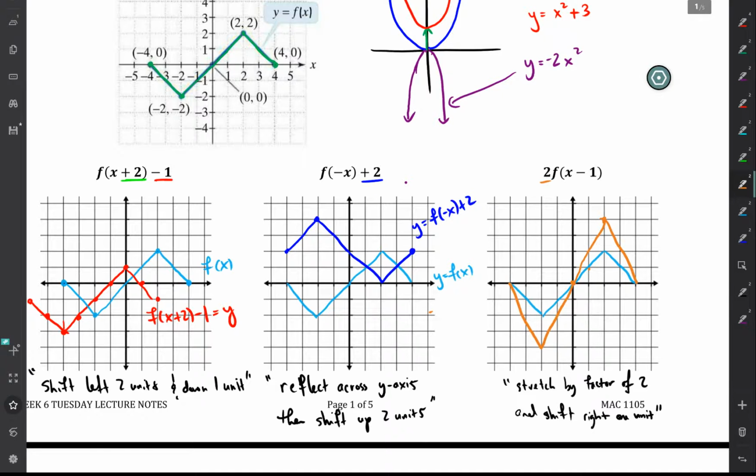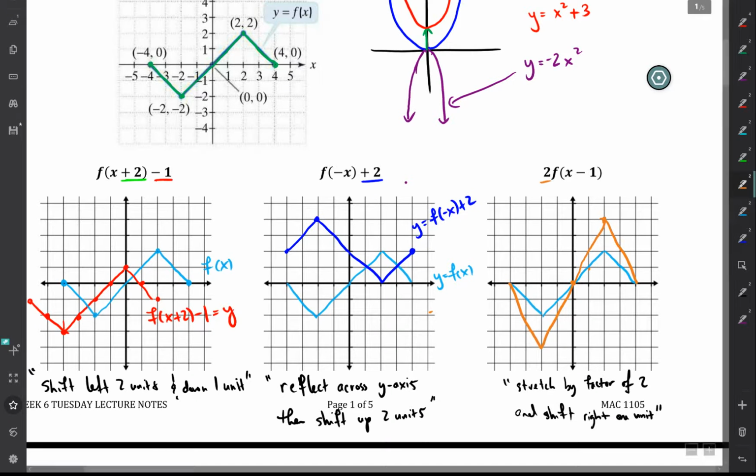And now we need to take this brown graph and shift it to the right. Shift to the right 1 unit, because you want to go the opposite direction of the sign. So now we're going to take these and shift every point to the right 1 unit. So when I do that, I get the following graph.